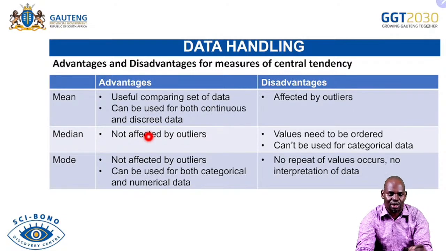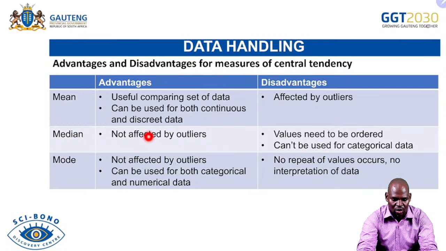So that is why we said if there's an outlier, we would not prefer to use mean. Then median, it is not affected by an outlier, but very important, you need to arrange the values. And then mode, it is not affected by an outlier. It can be used for both categorical and numerical. Okay, so you must just remember that.